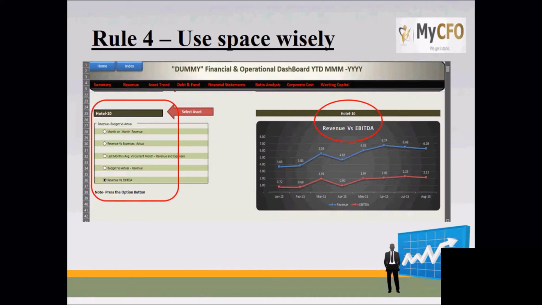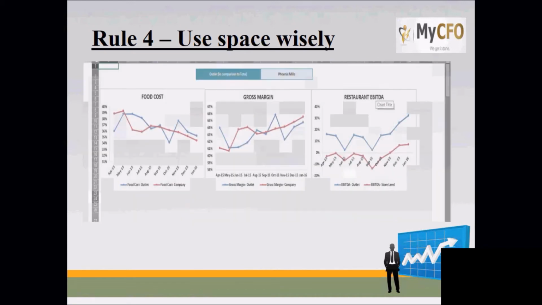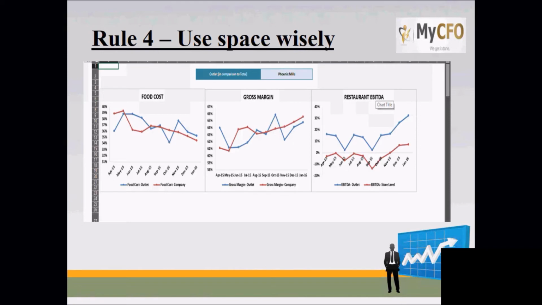Though there are various options available, the user can use them at his discretion. Grouping relevant data not only makes it easier to understand, correlate, and reach a logical conclusion, but it also helps the creator to use the space wisely.